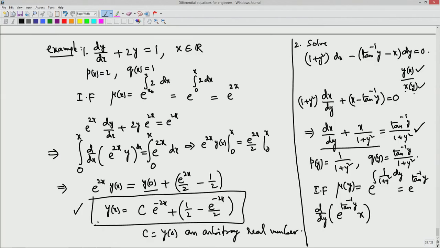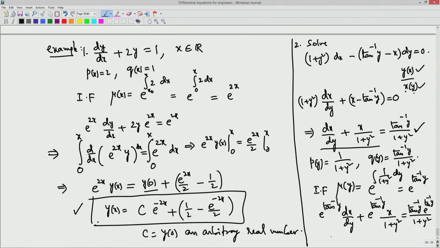After multiplying this integrating factor, let me write, if you multiply e power tan inverse y into dx by dy plus e power tan inverse y into x by 1 plus y square equal to tan inverse y e power tan inverse y divided by 1 plus y square.